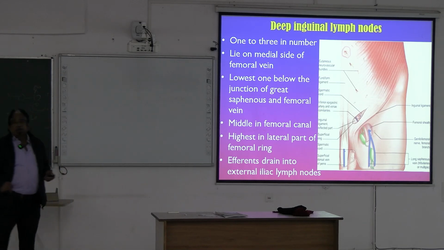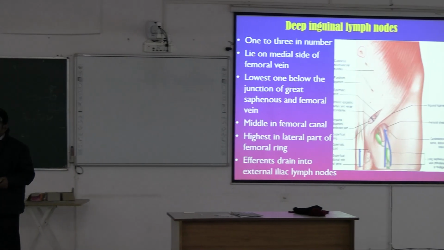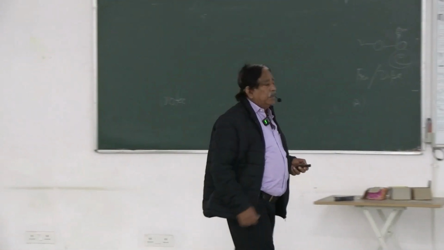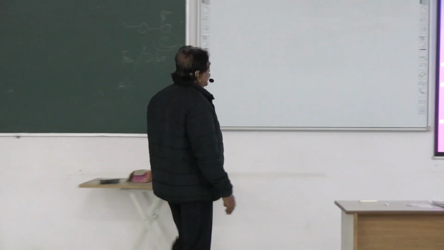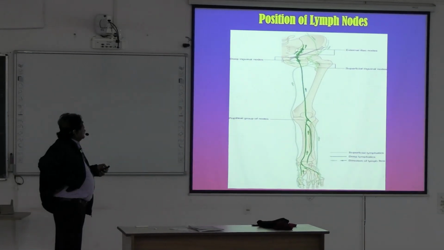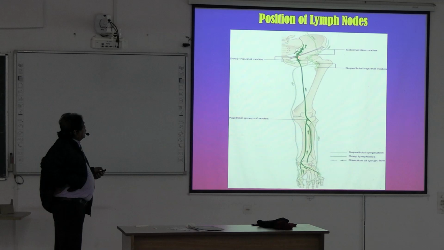Now, when you dissect the abdomen and the anterior part of the thigh, the femoral triangle, then you will be seeing the lymph nodes. Now, position of lymph nodes, see the deep inguinal lymph nodes here. The popliteal group of lymph nodes, see the green.